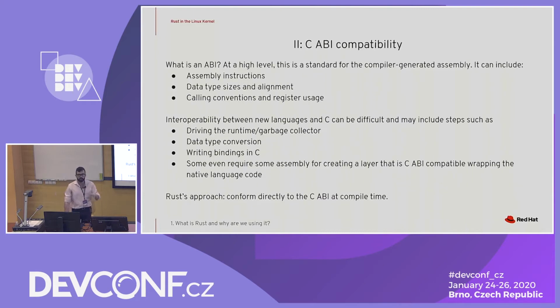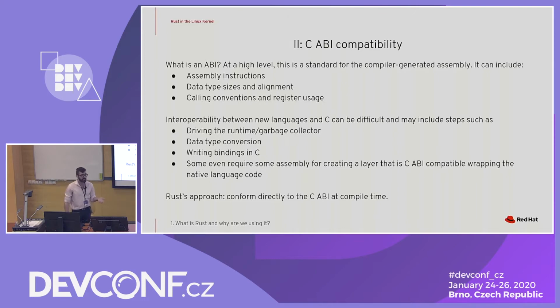So who here is familiar with what an ABI is? Raise of hands. And who here needs a review? We can go through this. Okay, thank you. So an ABI at a high level is essentially a standard of generated assembly that guarantees that when you link two things together, it will be compatible.